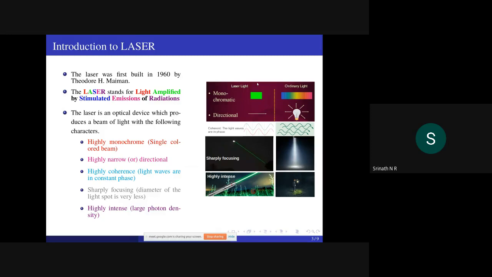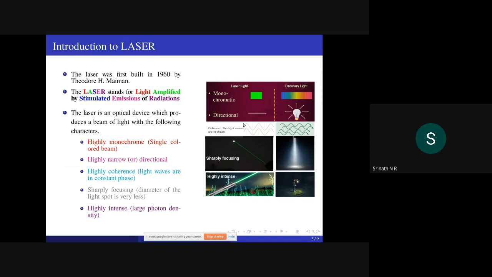One can see here the difference between laser light and ordinary light. First one, the laser is highly monochromatic. One can see here the laser emits only green colored light, whereas the ordinary light emits all possible colors.